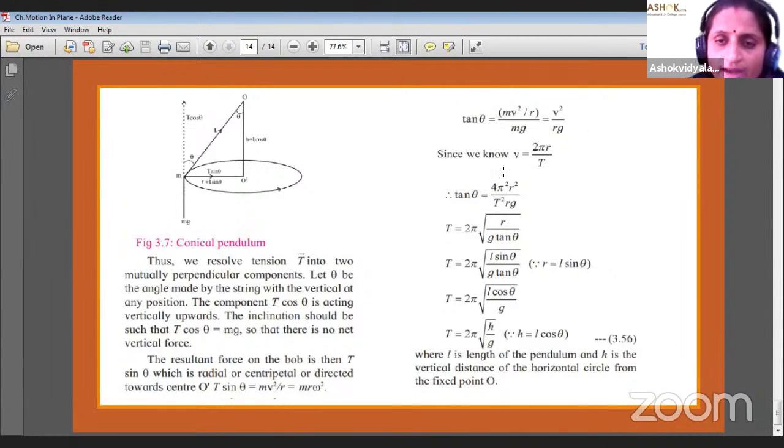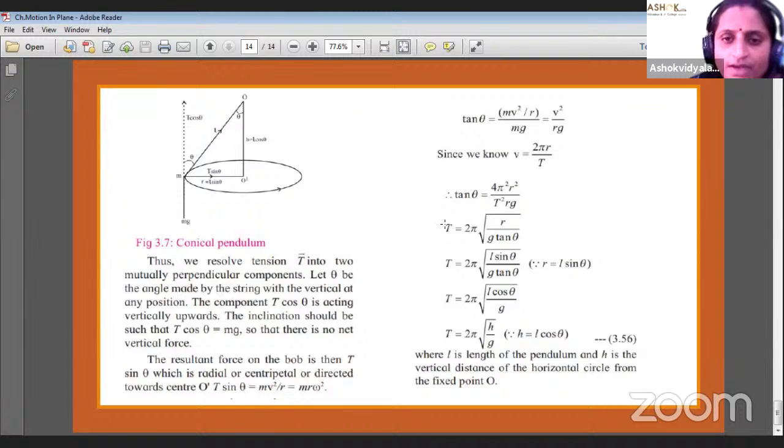But we note that the speed v of any object is 2 pi r upon T. Therefore, substituting the value of v in the above equation, we get tan theta is equal to 4 pi square r square upon T square into rg.